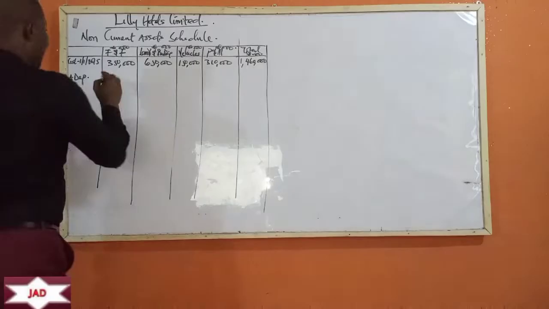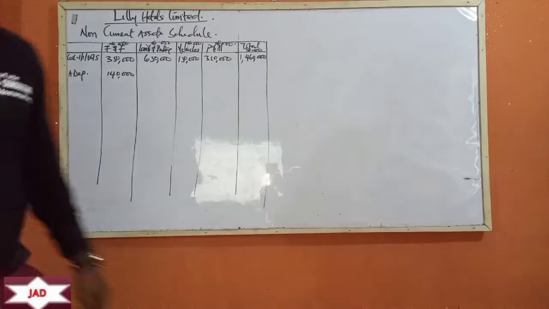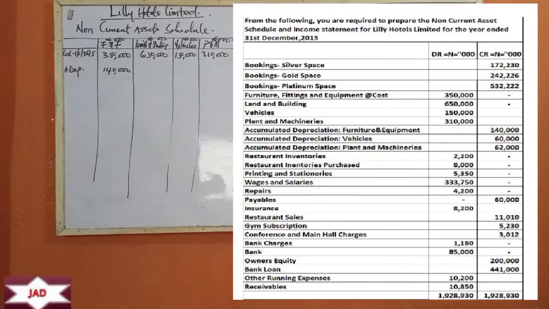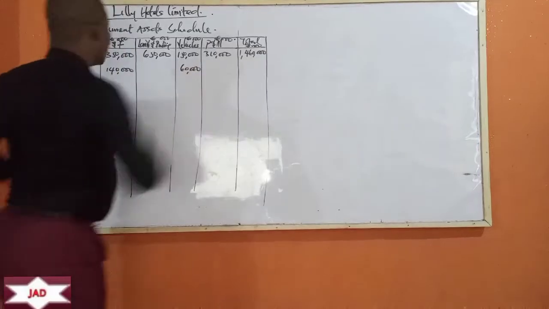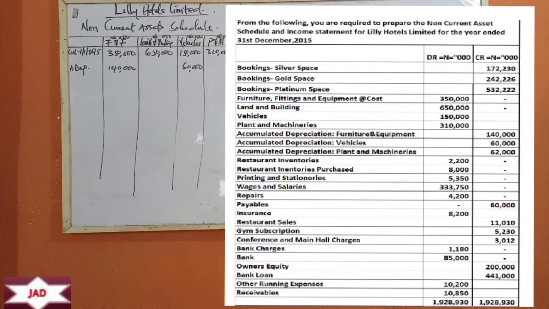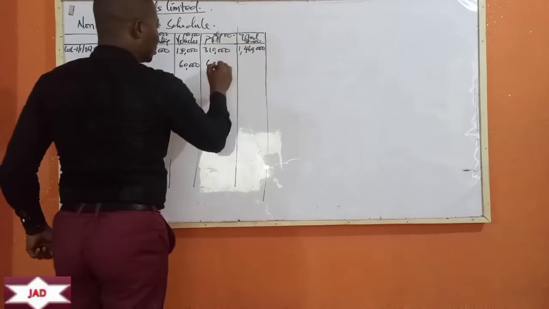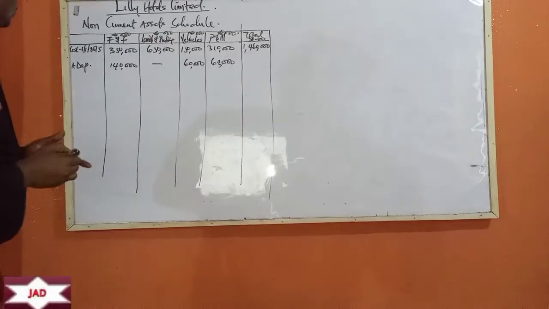For vehicles, I can see 60 million. For plant and machinery, I can see 62 million. There is no depreciation for land and building.